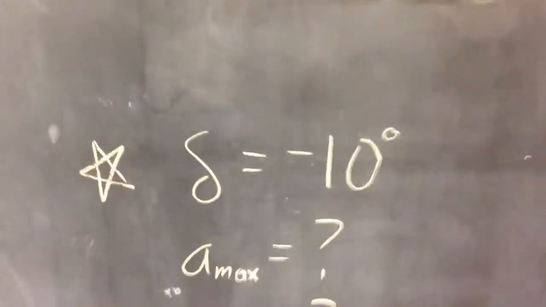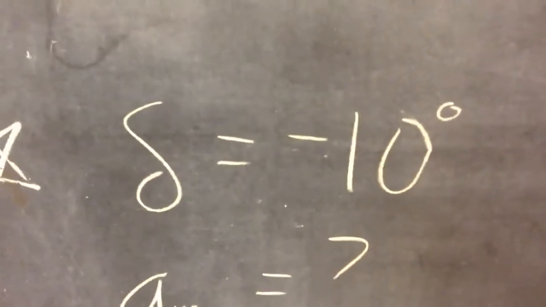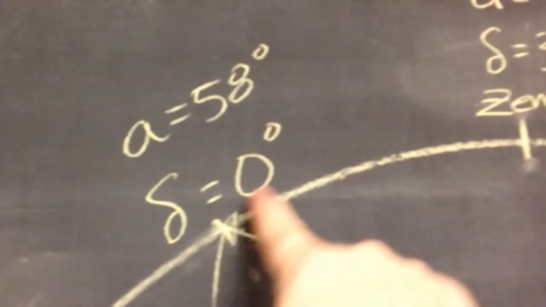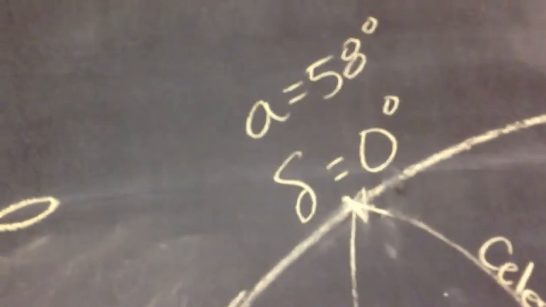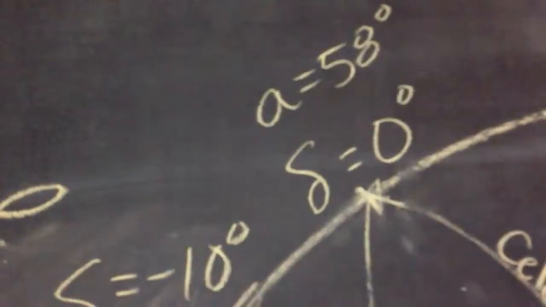If the declination of a star instead is such that it's not circumpolar, for example a declination of minus 10 degrees, then the star actually appears over here in the southern hemisphere. So a star on the celestial equator again would have a declination of 0, so a star would be 10 degrees below that when it reached its maximum altitude, right there.